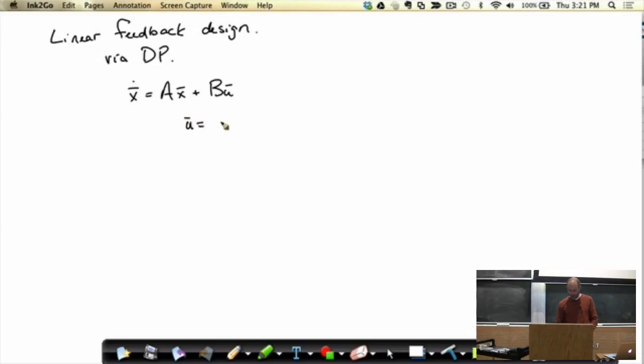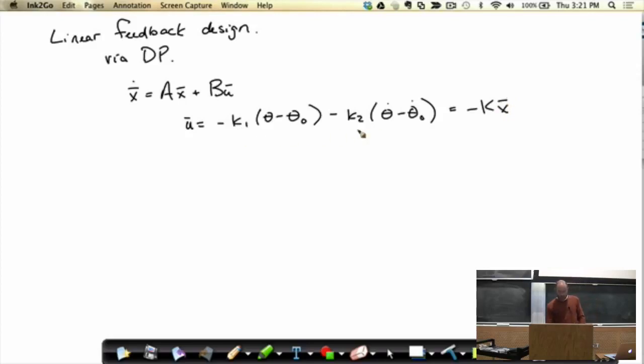I'll say u bar equals negative K1 (theta minus theta naught) minus K2 (theta dot minus theta naught dot). That would be a PD controller on the gains here, which I could write as just negative K x bar.